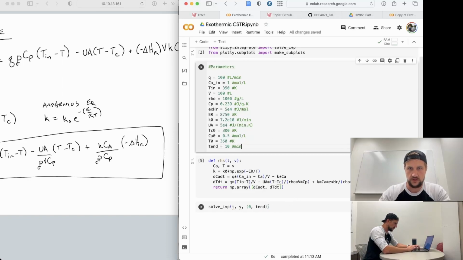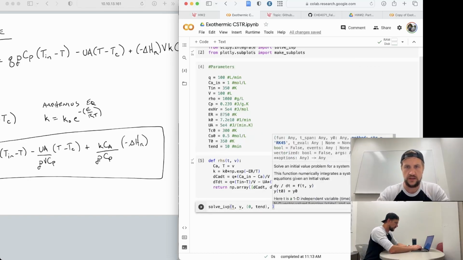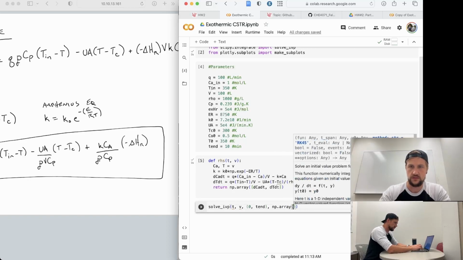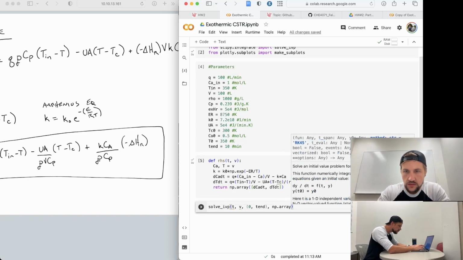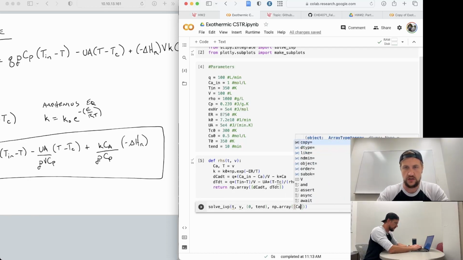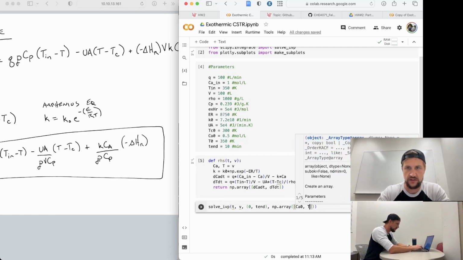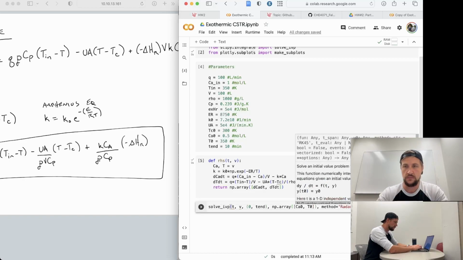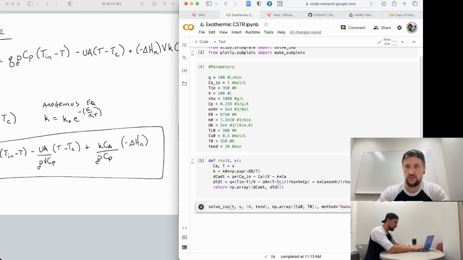Okay, 0 to t end, and then we are dealing with our array of values here, which is our initial concentration and our initial temperature. The method we're going to be using to solve the IVP is Radau, and we want all of our values to be able to have singular results, so let's set dense output equals true.